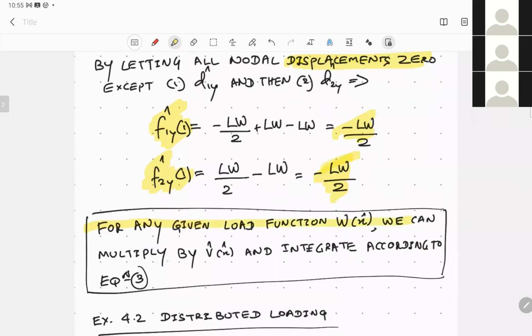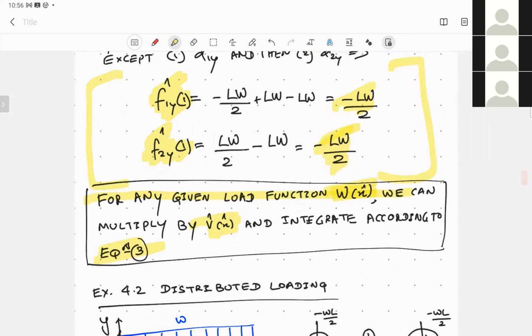If there's a distributed load function, we can multiply this distributed load function by the transverse displacement function, and of course integrate it into equation 3, and this is the result you get at the end. The conclusion from this derivation is that by applying the work equivalence principle, you get the same results at the nodes which you can obtain from structural analysis theory. So this is quite a powerful method.